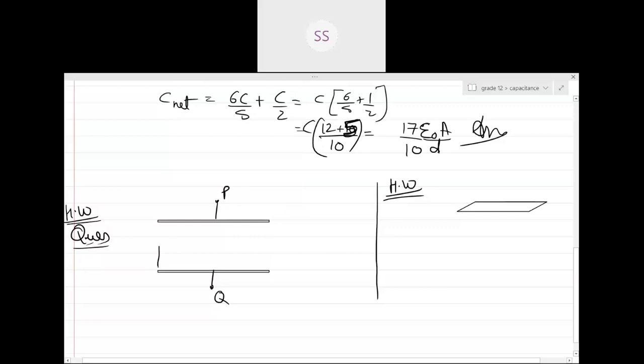Guys, the question is this. If there is a dielectric slab of area A by 2 and distance D by 2, K is 4. Remaining is air. Can you see the remaining portion? The remaining is air, okay? So now the question is what will be the effective capacitance of this thing?